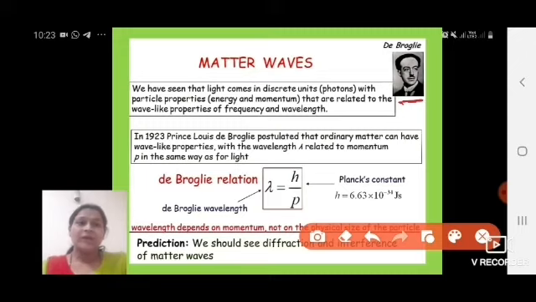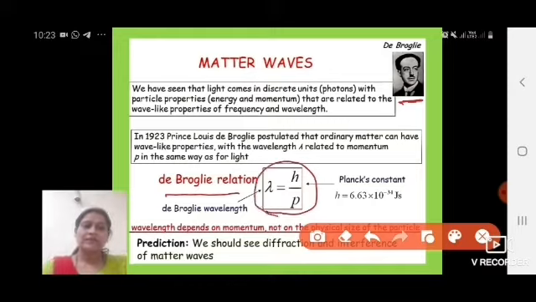The de Broglie relation is given by the equation lambda equals h by p, where h is Planck's constant, whose value is 6.63 into 10 raised to minus 34 joule second.